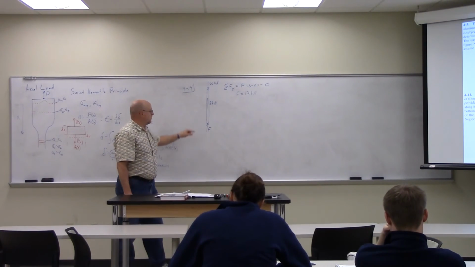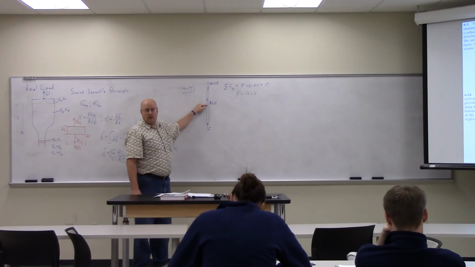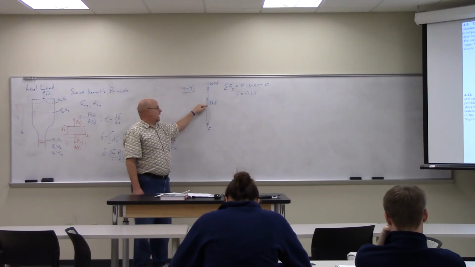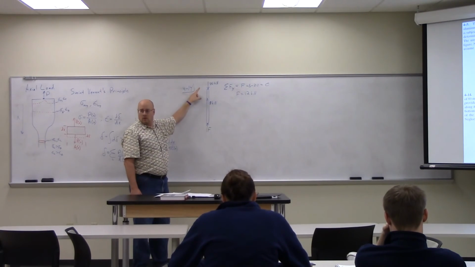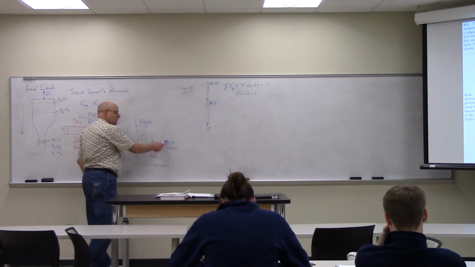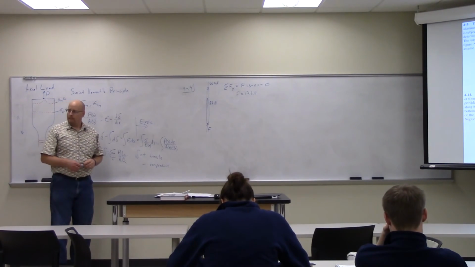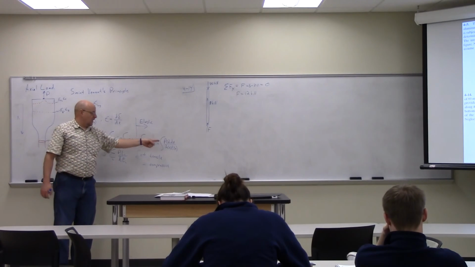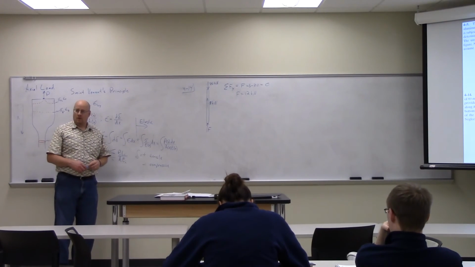So if I take a little slice right here in the center, it would be experiencing a compressive load of 16 kilonewtons, 20 minus this 4. So it's a linear function. P is a function of X, so I'm going to have to get an expression for P of X to be able to integrate.